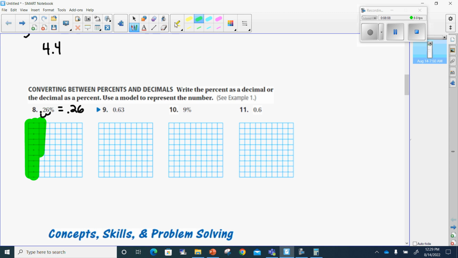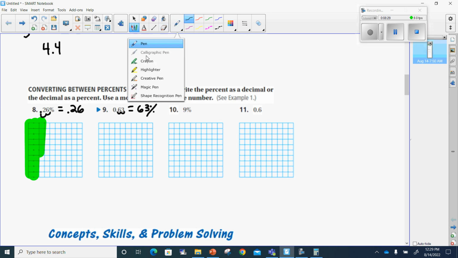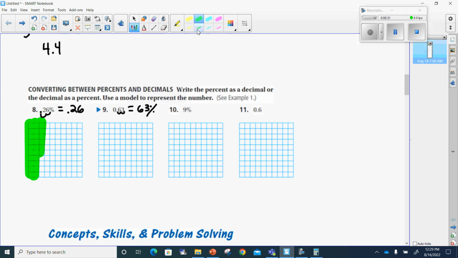Okay, now the next one shows a decimal here. And they're saying if it's a decimal, turn it to a percent. We simply do the opposite of what we did here. We're going to move the decimal place over 2 spots, and this will be equal to 63%. Once again, I'm going to use the highlighter and shade in 63%.